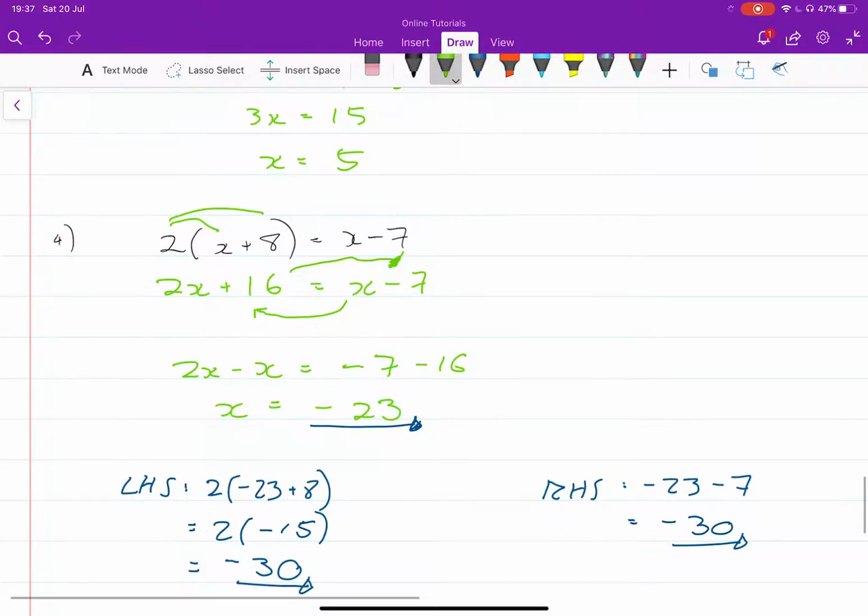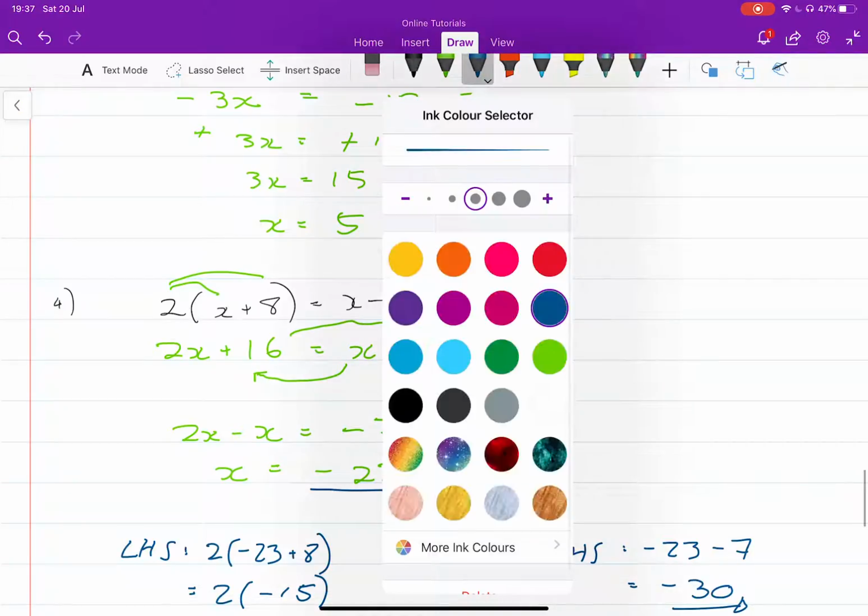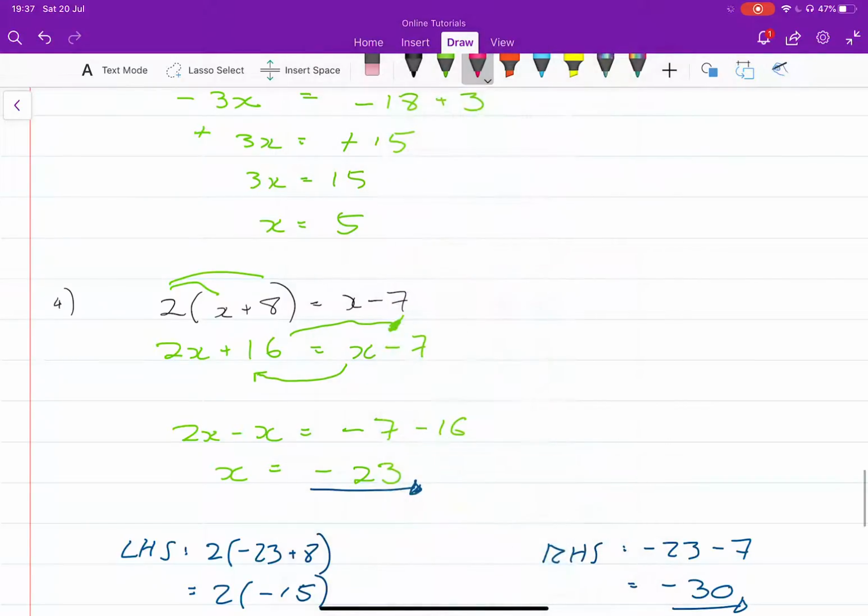Okay, just to clarify, if we took this x, let's change colors. If we took 2x to that side and the 7 to that side, we would get the same answer. So let's do it like that. Let's rewrite this step, 2x plus 16 equals x minus 7.